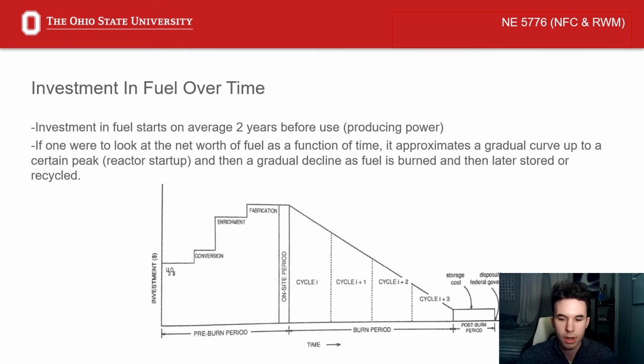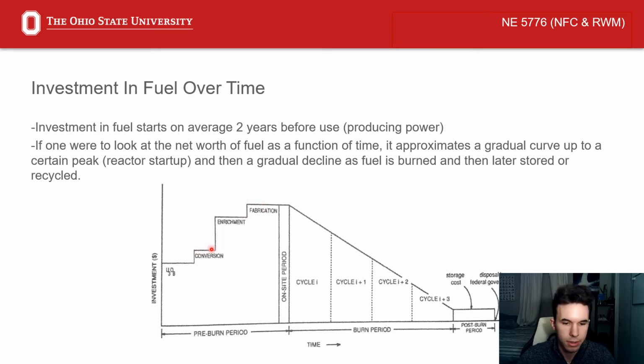So, the investment in fuel over time. This graph comes from the Nuclear Fuel Cycle book, I believe section 8.4. If we were to track the net worth of fuel, how much it's worth at which particular stage, you'd see it approximates a little mountain, I guess. It's kind of like a stair pattern.